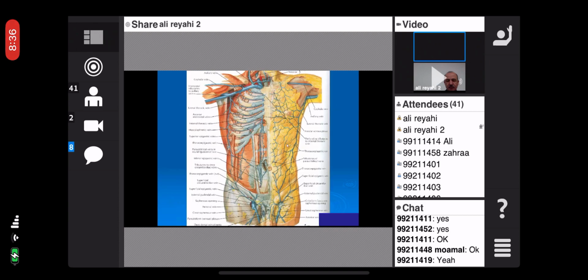Okay, look at here. You can see in this picture the epigastric veins connected to the axillary vein by this thoracoepigastric vein, and here under the umbilicus it connects and drains to the femoral vein or great saphenous vein by the superficial epigastric vein.